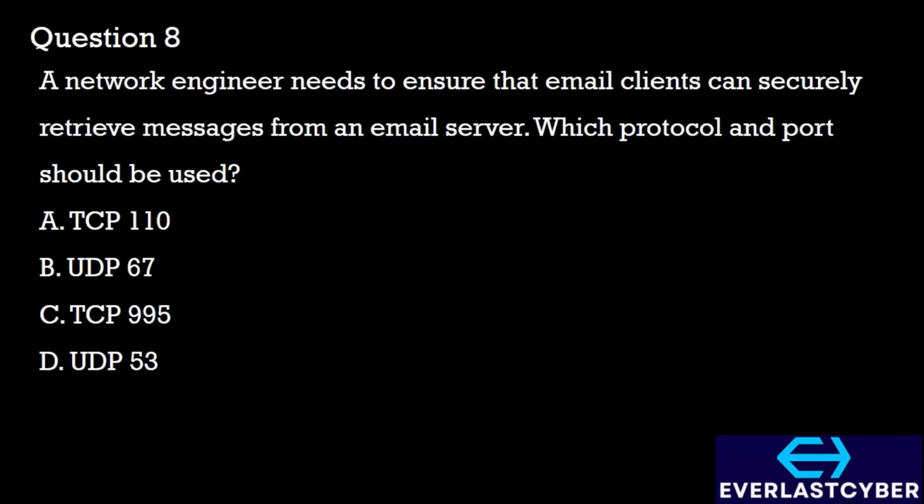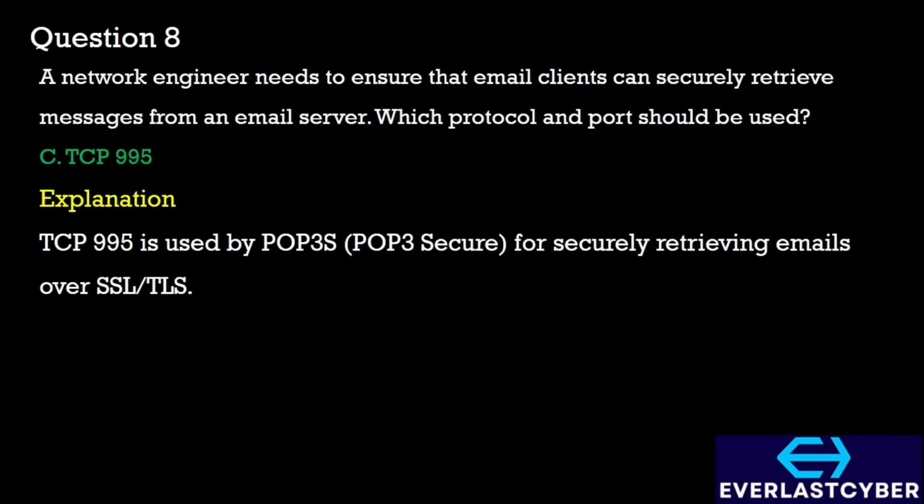While UDP 53 is used by DNS for name resolution. So with respect to the question, the network engineer needs to ensure that email clients can securely retrieve messages from an email server. So the best answer here is option C, TCP 995, which uses POP3 secure to securely retrieve emails over SSL/TLS.